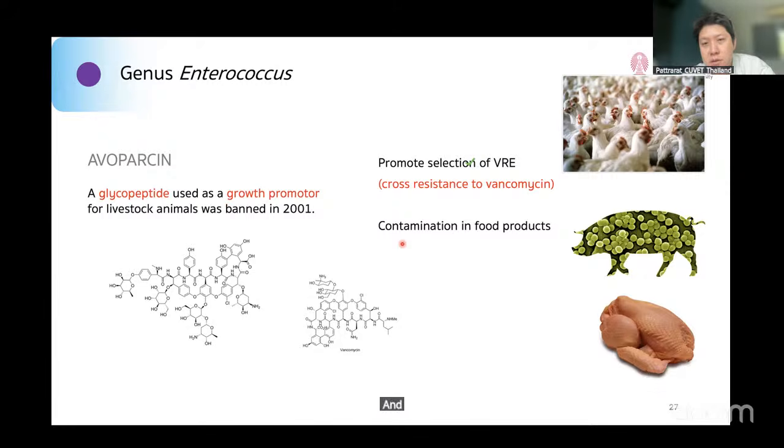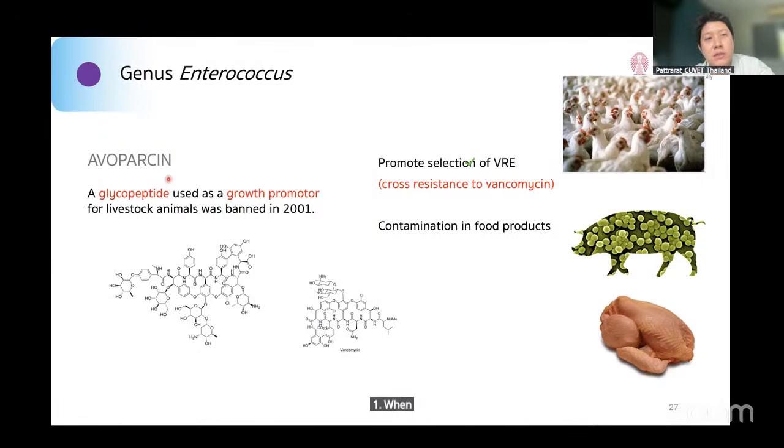When humans are colonized with VRE, this is a risk of developing infections when they have predisposing conditions. This is why European countries first banned the use of avoparcin in 2001.